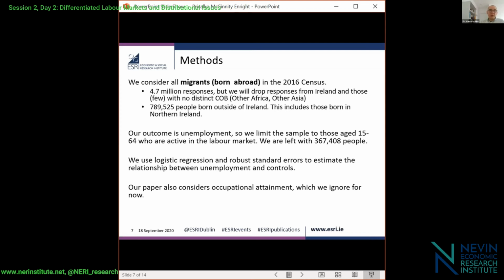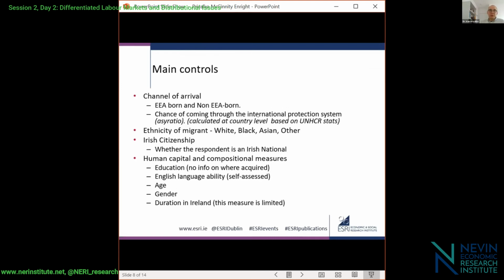We use logistic regression with robust standard errors to estimate the relationship, with a number of controls that I've already mentioned previously. We're interested in the channel they used to arrive in Ireland, their ethnicity, their citizenship, and some human capital and compositional measures.